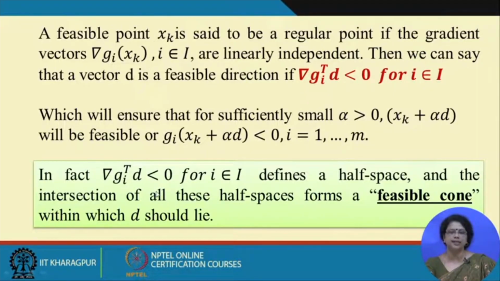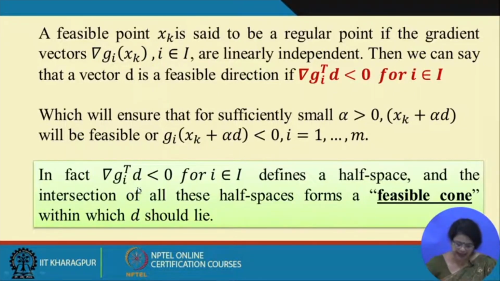If we consider all active constraints together, then every constraint, grad Gi dot d, that is the inner product, being less than 0 makes a half space. If we consider the half spaces of all active constraints, then it will form a feasible cone.